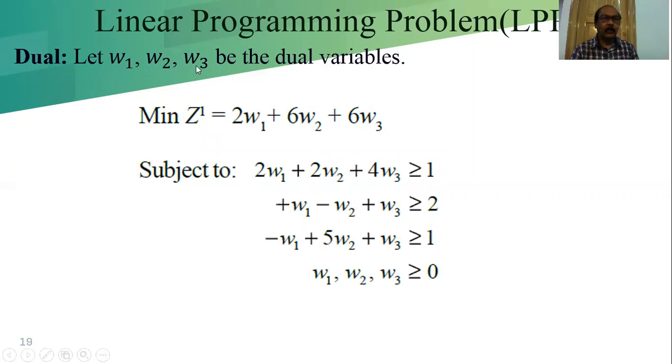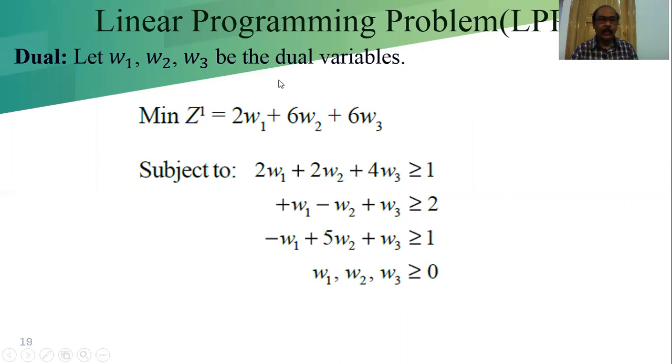Let W1, W2, W3 be the dual variables. Therefore, minimize Z1 = 2W1 + 6W2 + 6W3, subject to the constraints 2W1 + 2W2 + 4W3 ≥ 1. That is the coefficient of the objective function in the primal. W1 - W2 + W3 ≥ 2.